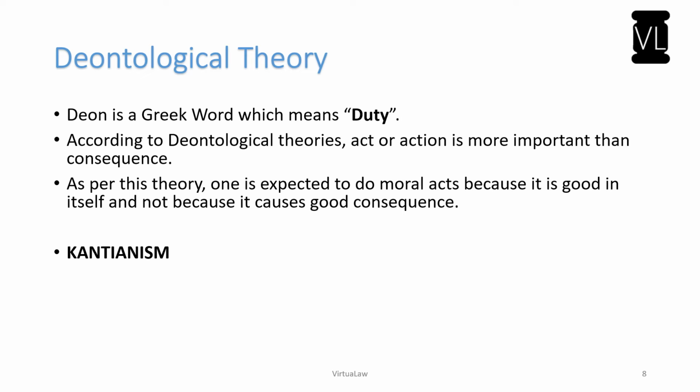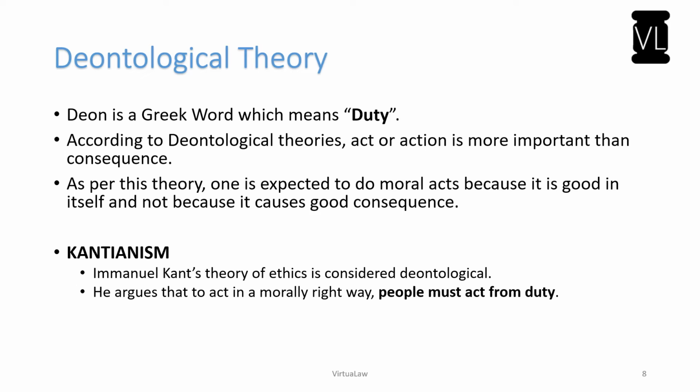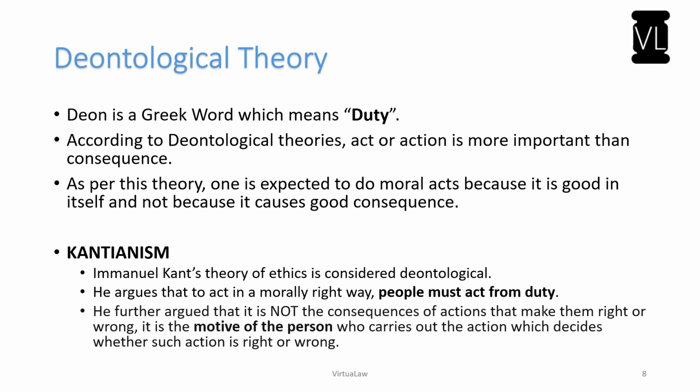One gentleman who had always supported this concept of deontological theory is Immanuel Kant, and Kantianism is a popular mode of deontological theory. Mr. Kant always argues that to act in a morally right way, people must act from duty. So their duty is something which shall be reflected in their acts, and Mr. Kant argues that it is not the consequences which make an act right or wrong, but it is always the motive of the person who is carrying out such action which decides whether such act is right or wrong.